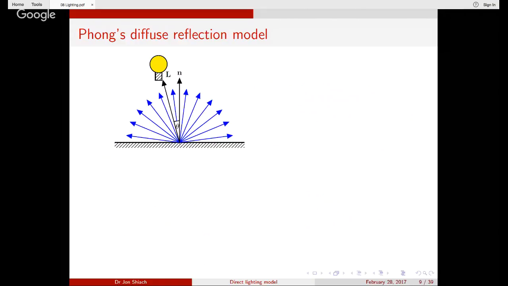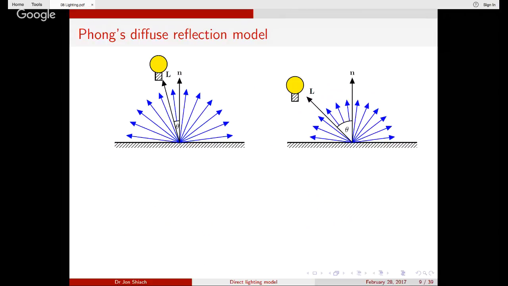When the angle between the light source vector L and the normal vector is small, we have lots of light being reflected off of the surface. But as I increase that angle theta, as the angle between the light source vector and the normal vector becomes greater, we have a reduction in the light being reflected.